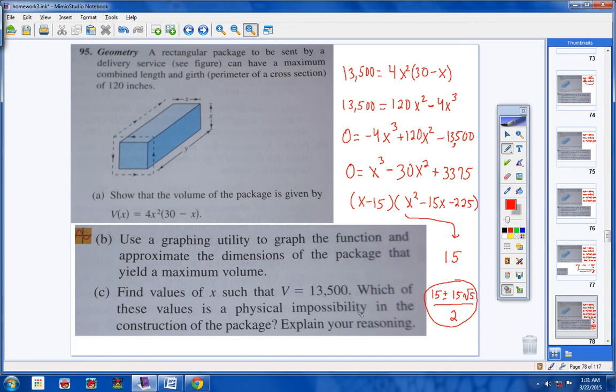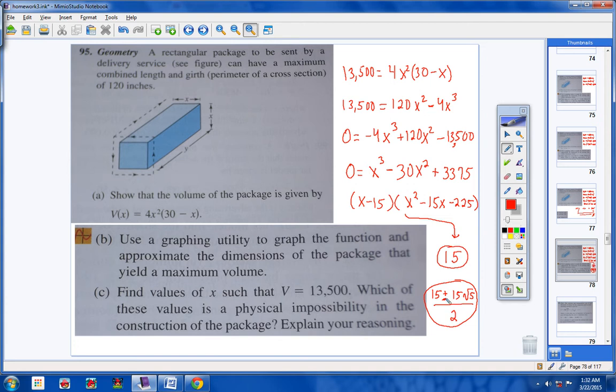Well, the negative is, guys, there's no way you can have a negative x. It's impossible. So you don't want the negative sign here, because 15 minus 15 square root of 5 divided by 2 gives you a negative, okay? So you're going to end up with 15 is one of your answers. And then 15 plus 15 square root of 5.